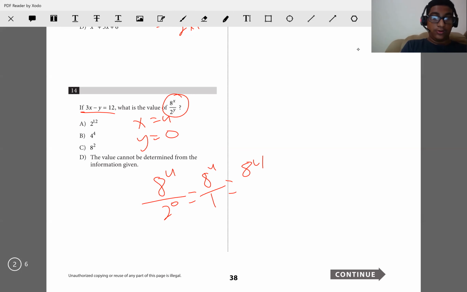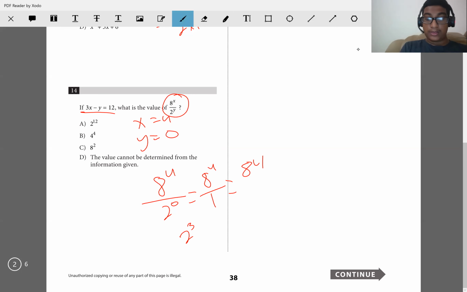Now what you can do is that 8 can also be made into an exponent. So if you guys remember, 2 to the 3rd power is equal to 8. So you can make this equal to 2 to the 3rd power to the 4th power. And if you have something like this, to simplify this, you just multiply these two numbers. So this would give you 2 to the 12th power, which is answer choice A.